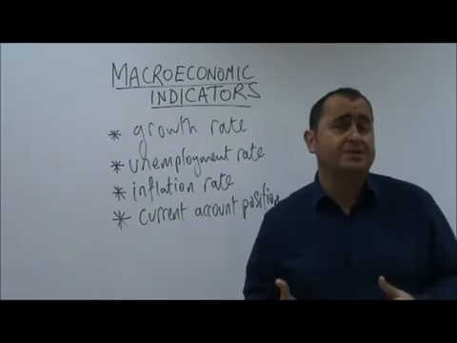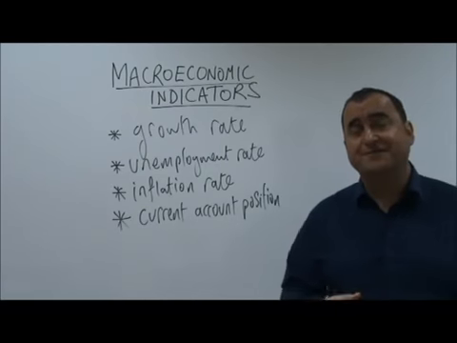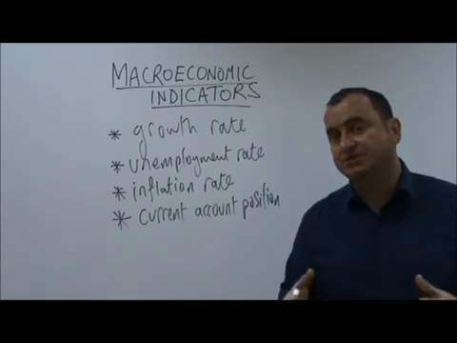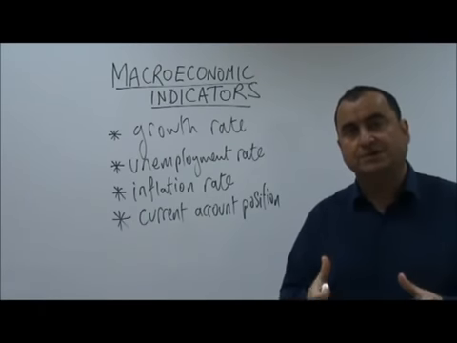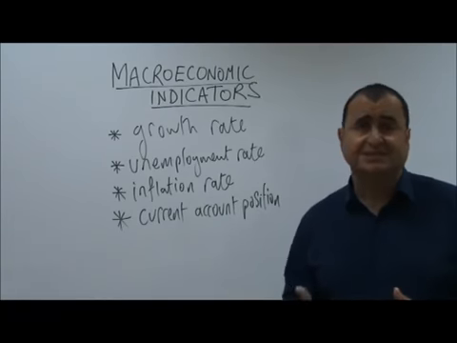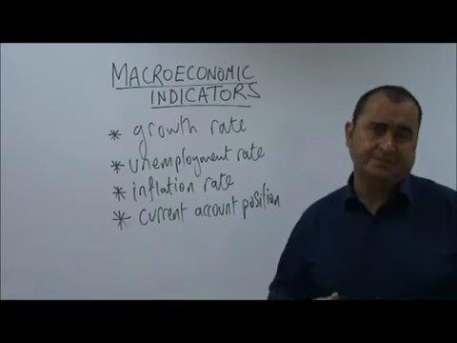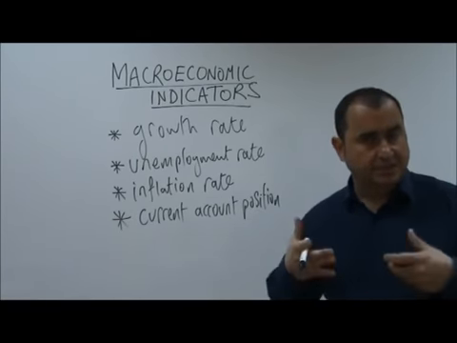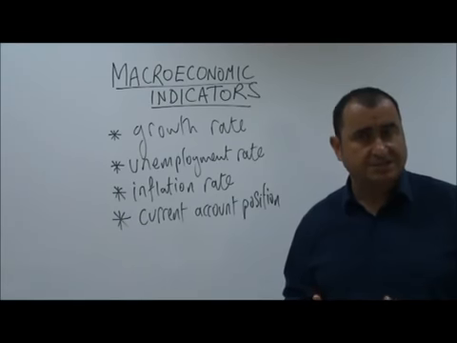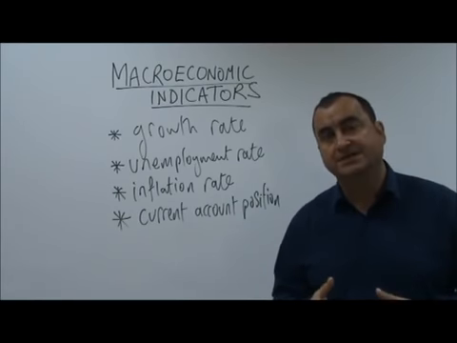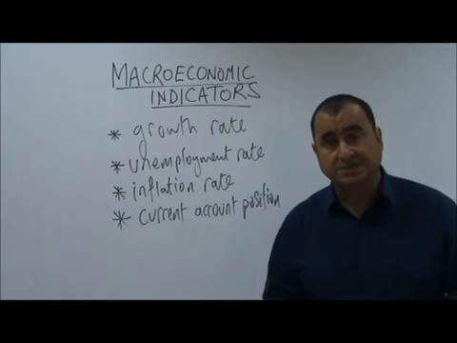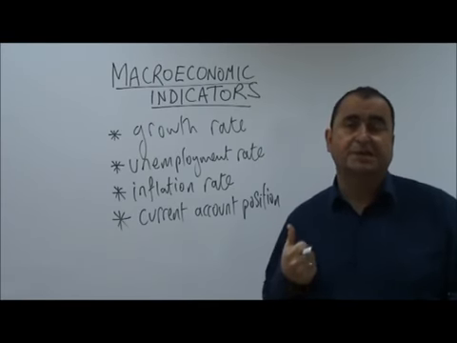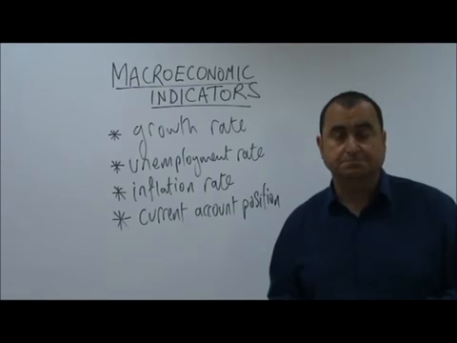So, as macroeconomics is the study of phenomena within national and global economy, it's important that you are able to read this data and see how governments use this data to understand where they are with their policies and where they need to formulate further policy to improve, to reach their targets based upon these macroeconomic indicators.